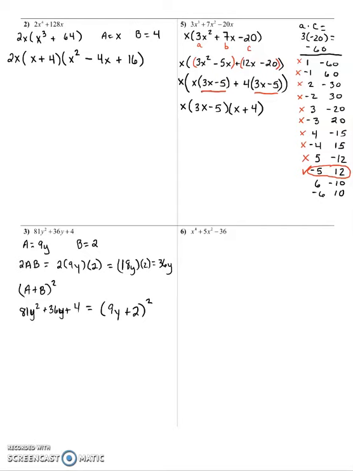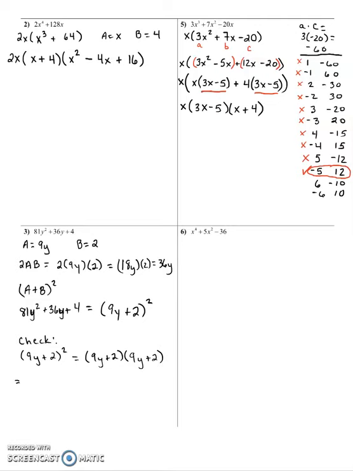And if we wanted to check this one, just because sometimes these are tricky, 9y plus 2 quantity squared. Remember, squaring something means multiply it by itself. And then all we need to do is FOIL.